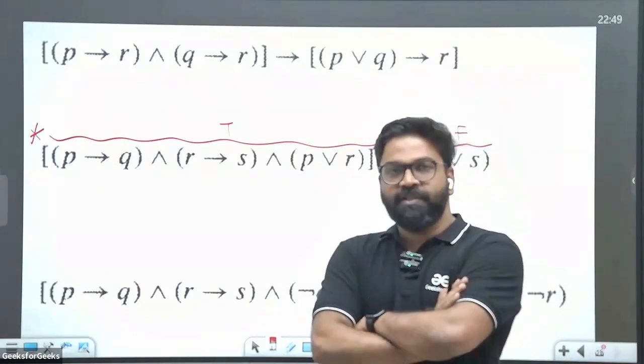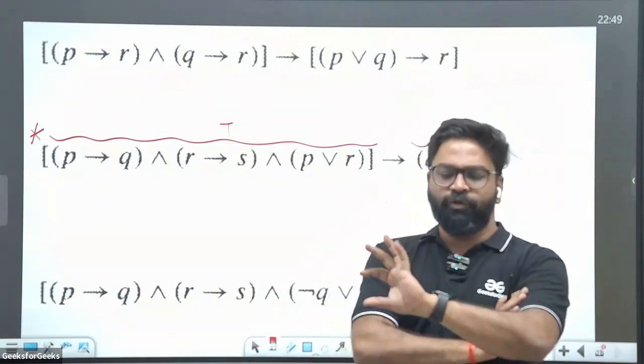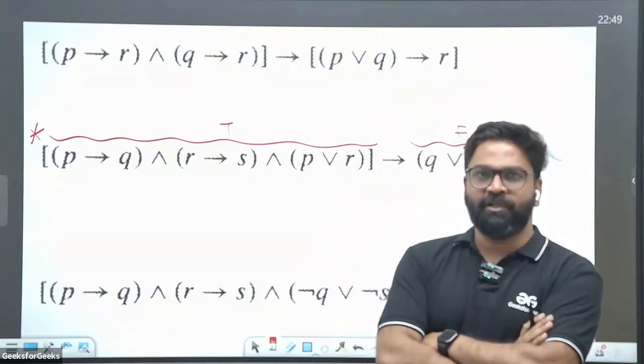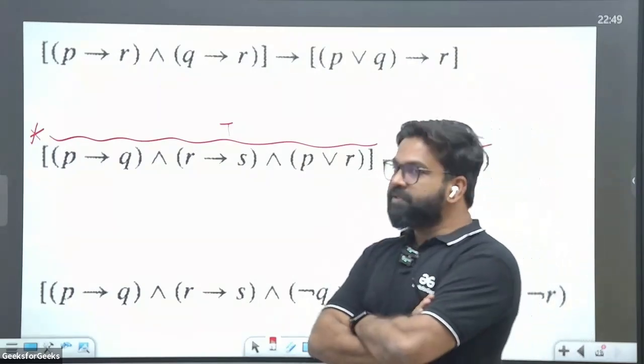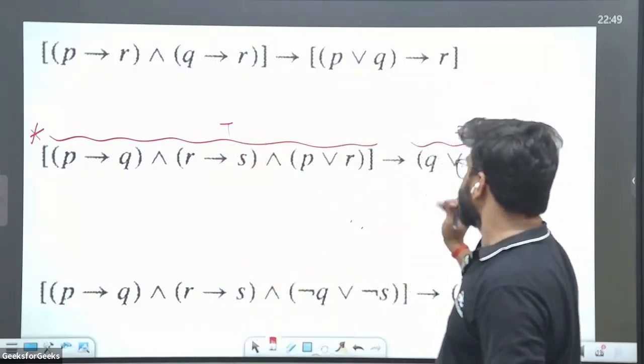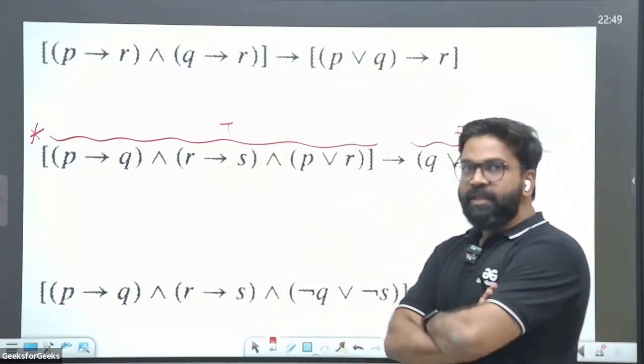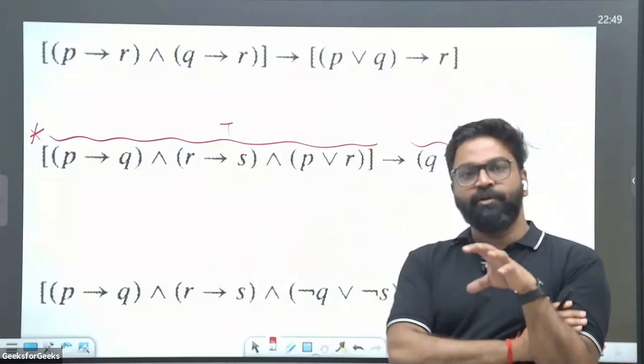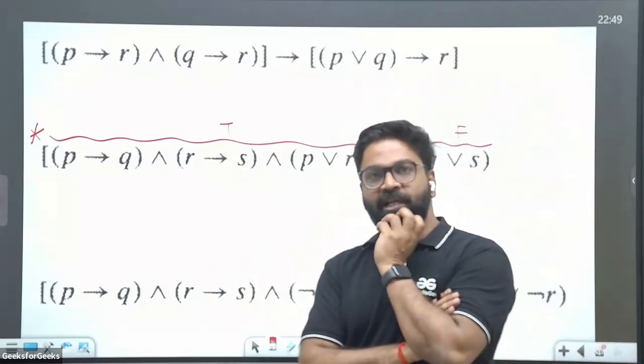I know this is the first time, but believe me, after solving 4 or 5 questions, everyone will become professional at this. Now, consider the left side as true. This is the whole left side, this is the whole right side. The main intention is always to find out the values of each and every element.